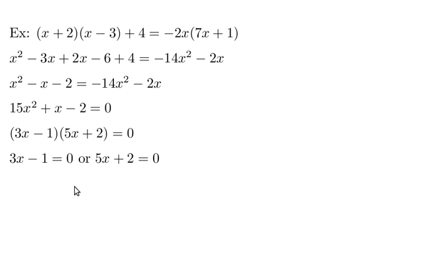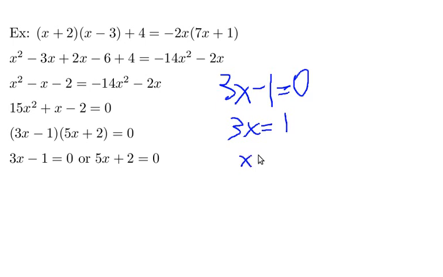So now we can solve these individually. If 3x minus 1 equals 0, well then 3x equals 1 and x equals 1/3. And so that's one solution: x equals 1/3.